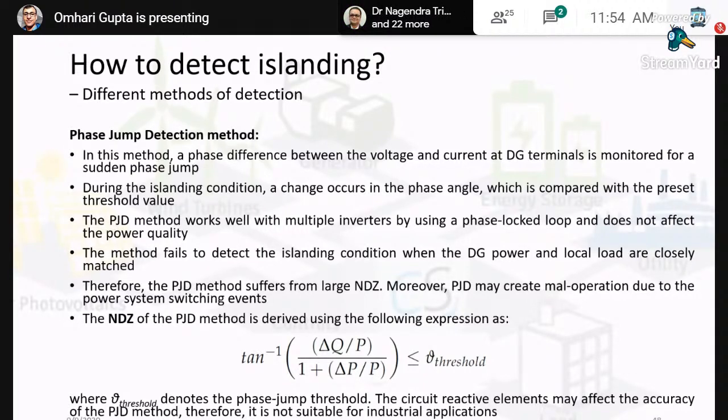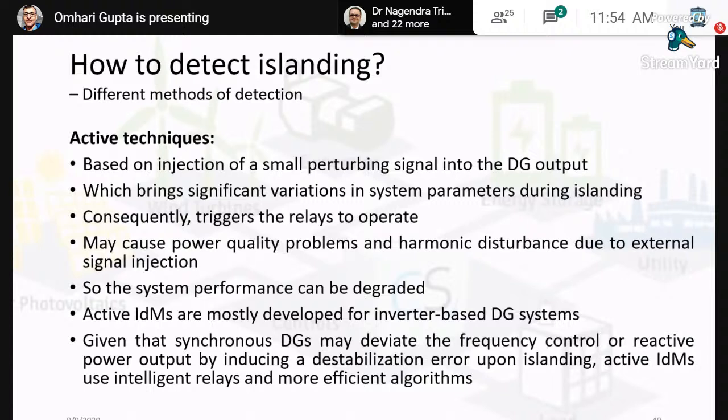Then there are active techniques. They inject something into the system which brings significant variations in the system parameters if it is islanded. If it is not islanded, there won't be any change in the system parameters, neither in voltage nor frequency, not sufficient variation.